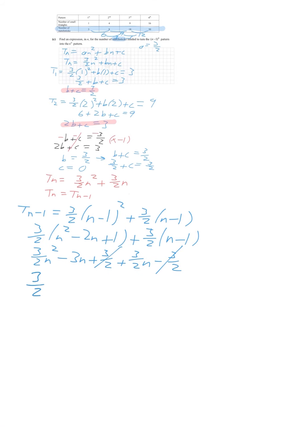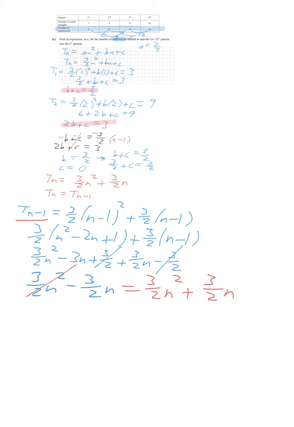So let me write the 3 over 2 n squared first, and that'll be minus 3 over 2n. Now, this is for Tn minus 1. So let's take this now from Tn, and Tn is 3 over 2 n squared plus 3 over 2n.